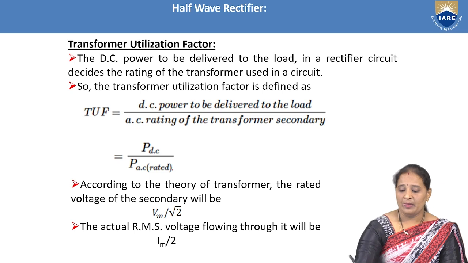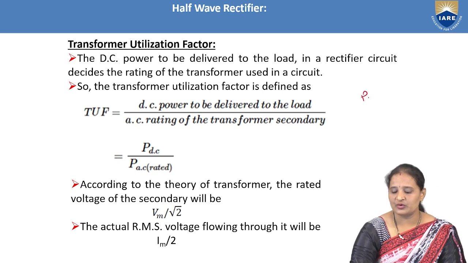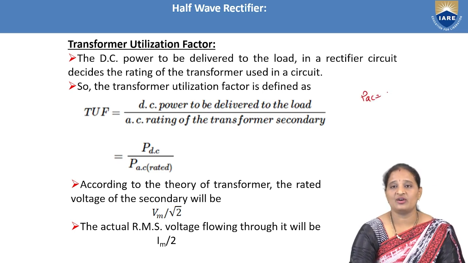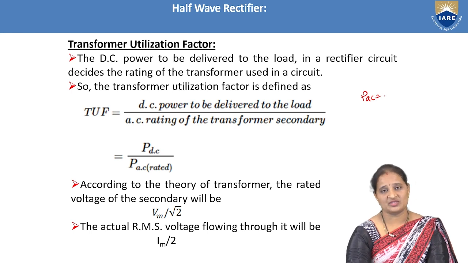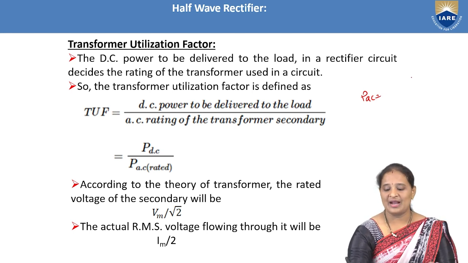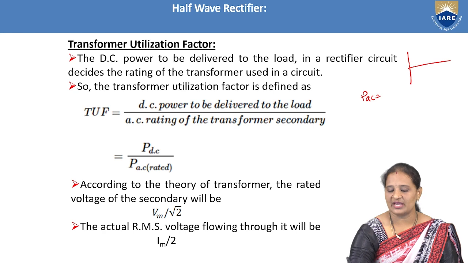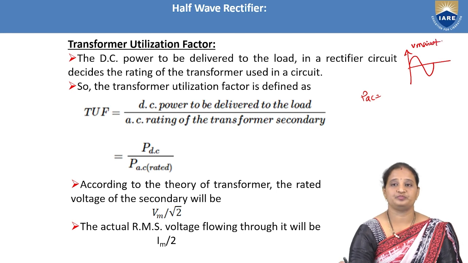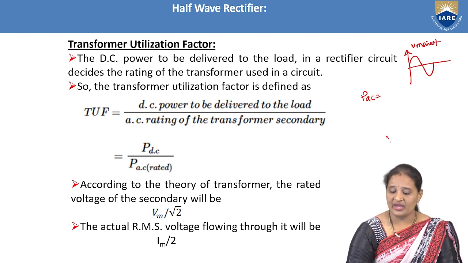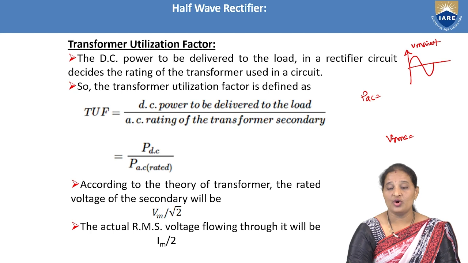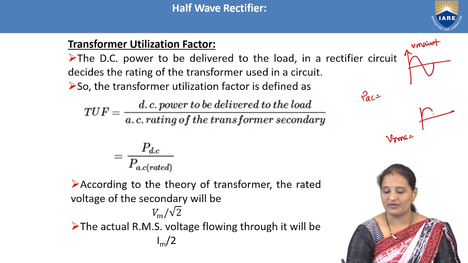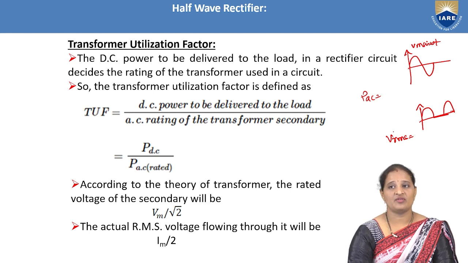So here PAC, generally I told you that PAC is calculated always by considering the RMS value. But here at the transformer secondary, we are getting the full cycle of input, that is Vm sine omega t. But we have found the Vrms value only for the output waveform, which has only a positive half cycle of output.